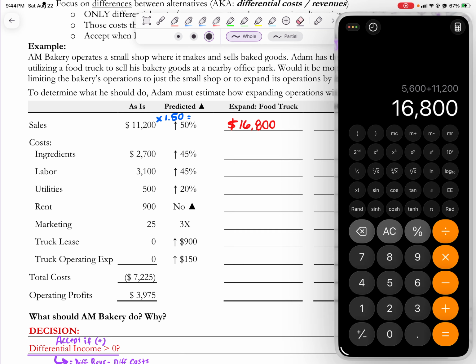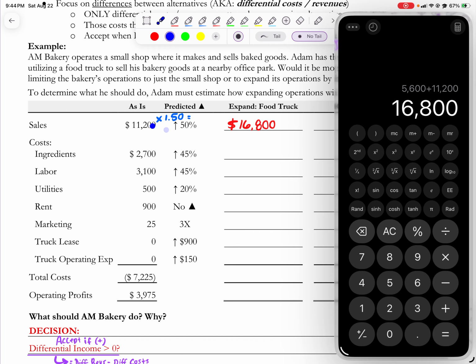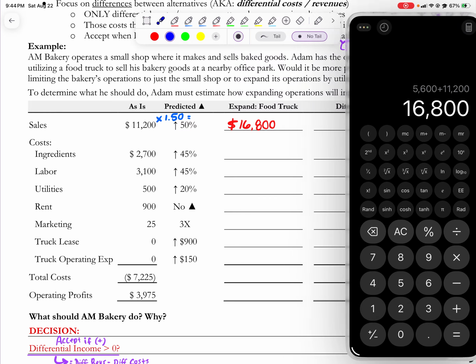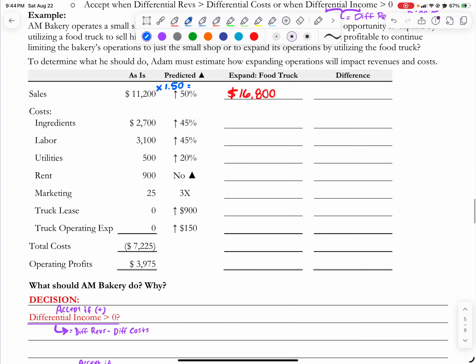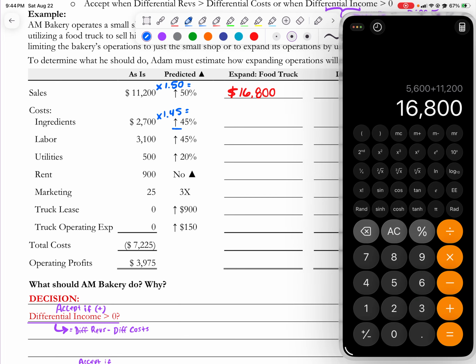Multiplying by 1.5 is just acknowledging the 1 is basically the 11,200 as it is, 11,200 times 100%, plus the increase, which is 50% of that 11,200, so the 0.5. So that is all that math is. So here, if it's going to increase 45%, it means it's 145% of what it is now, or multiplied by 1.45.